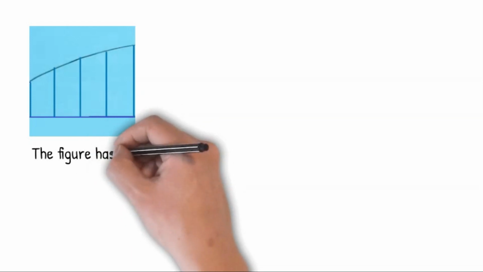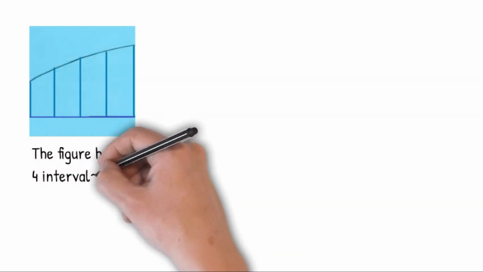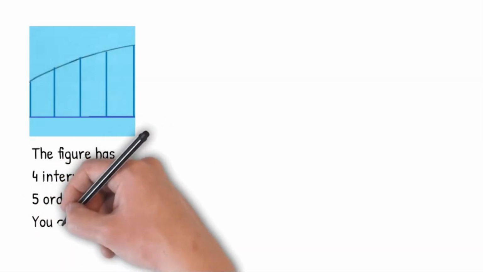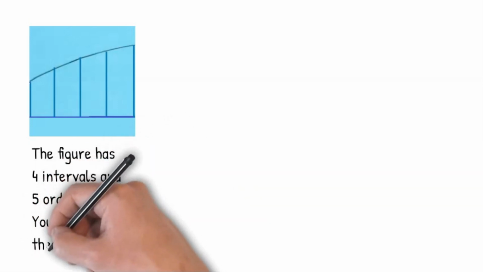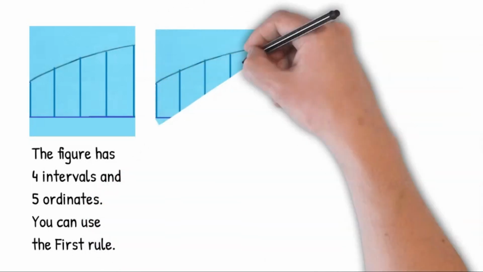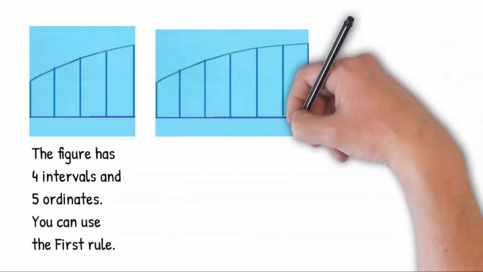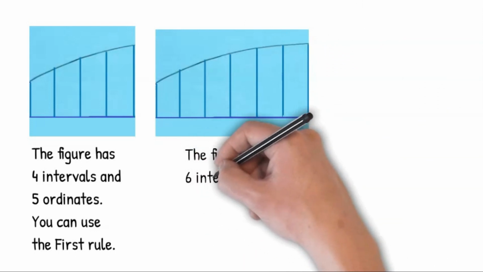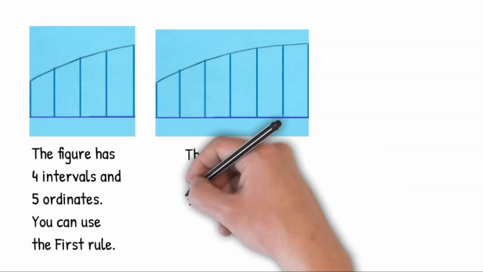The figure has 4 intervals and 5 ordinates. You can use the first rule. The figure has 6 intervals and 7 ordinates.